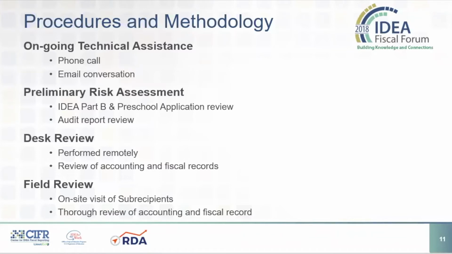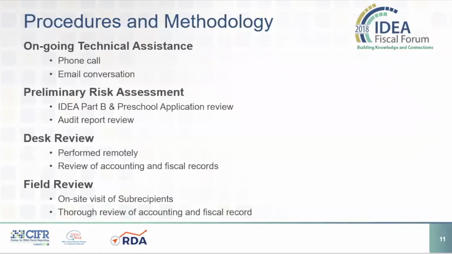And we also have the preliminary risk assessment that is done through the review of the annual IDEA Part B and preschool application. And what was new under the plan, we wanted to come up with a systematic way to do our desk and field reviews. By desk review, I mean we do a review of accounting and fiscal records remotely.